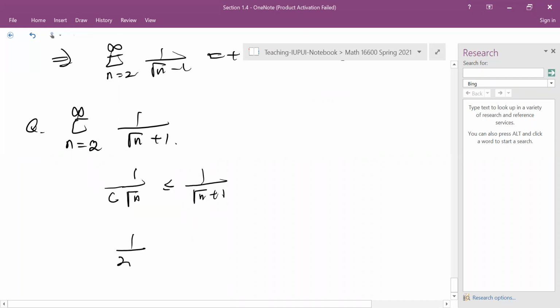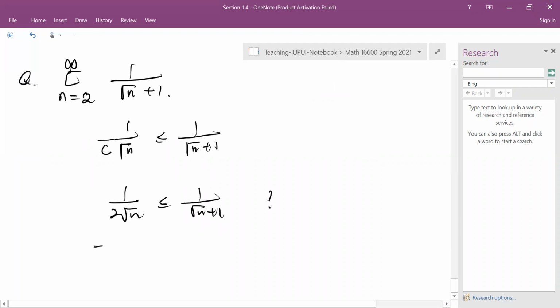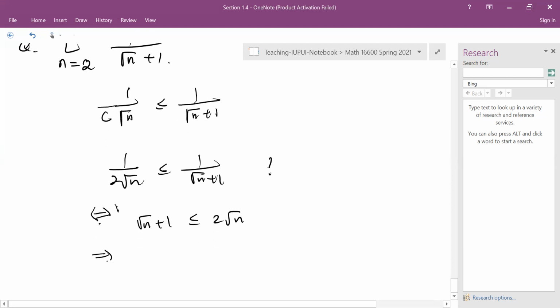So 2 square root n less than or equal to square root n plus 1, I put a question mark here. I'm going to simplify it. I didn't know at the very beginning what small constant I should put there. So it's going to be square root n plus 1 less than or equal to square root n, cross product. I think that's good enough.